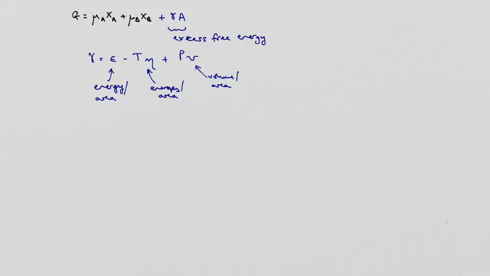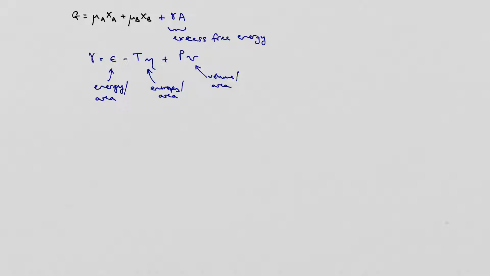So what you can see here is that gamma is the work to create a unit area of interface in a system. Okay, that makes sense. Create an area A in my sample, and the Gibbs free energy will increase by gamma times A. So gamma is this work done.